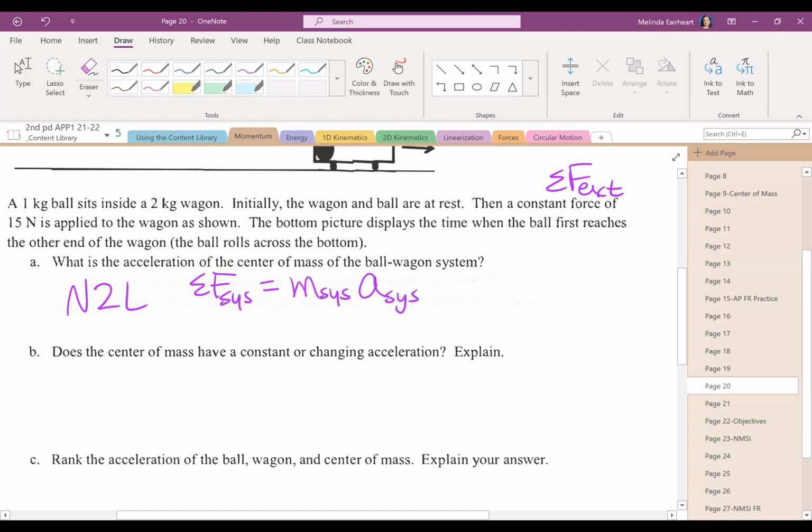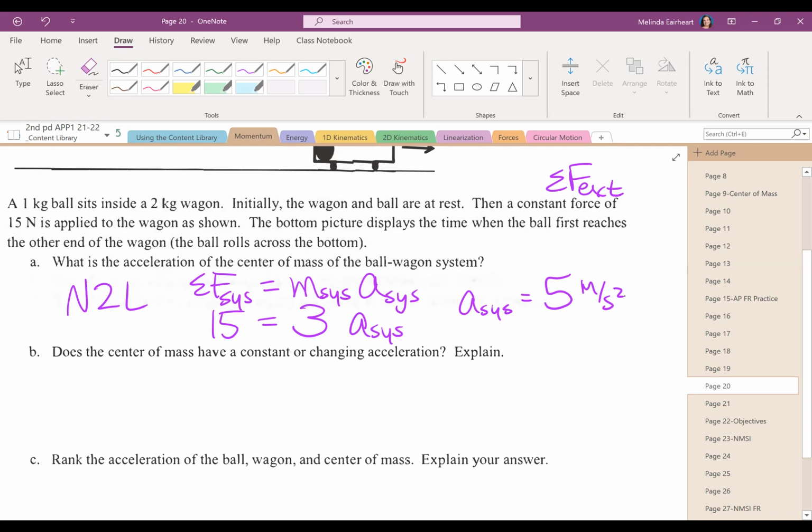Let subscripts be your friend. And so we know the net external force on the system is 15. What's the mass of the system? 3. And then we're looking for the acceleration. No calculator needed. 5 meters per second squared. Good.